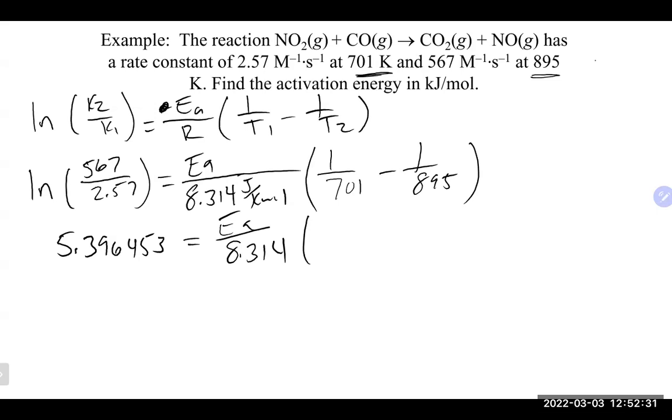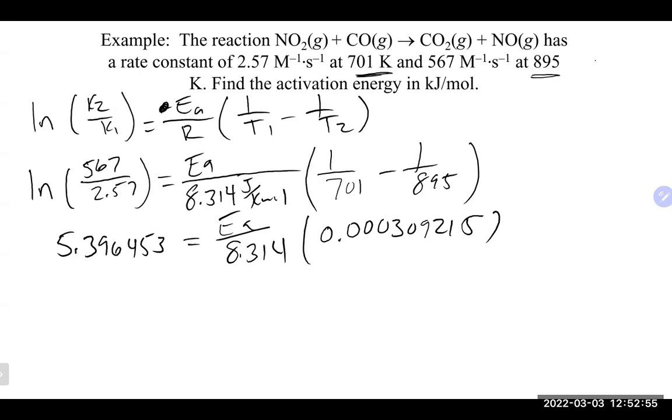That's 1 divided by 701 minus 1 divided by 895. Inside the parentheses here, we get 0.000309215. At this point, mathematically, I need to multiply the 8.314 to the other side, and then come back and divide by that number in parentheses.